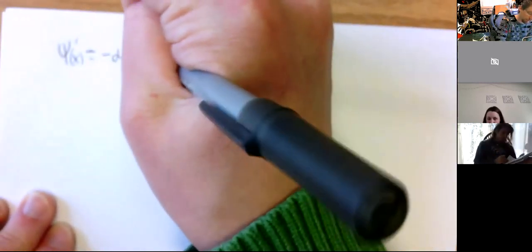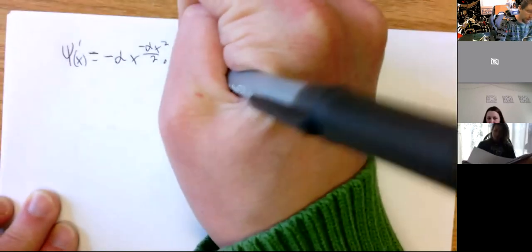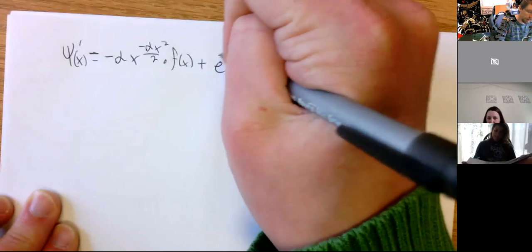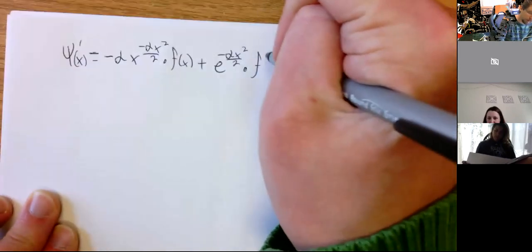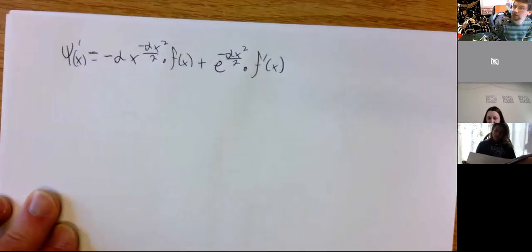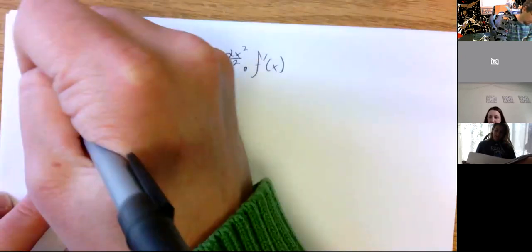Where we had f of x plus e to the minus alpha x squared times f prime of x. We did that one for sure, and then we did the second one as well.